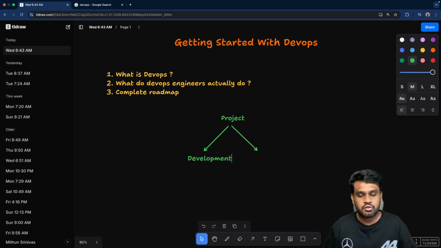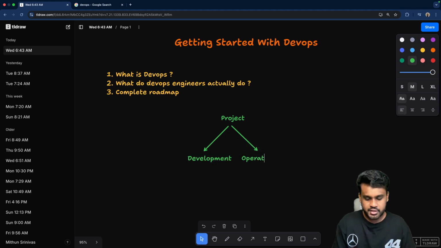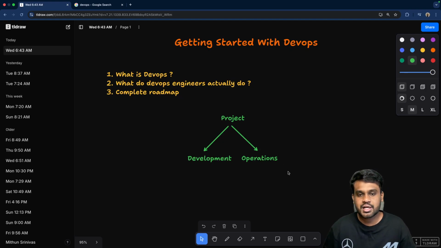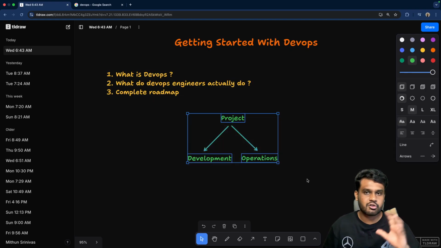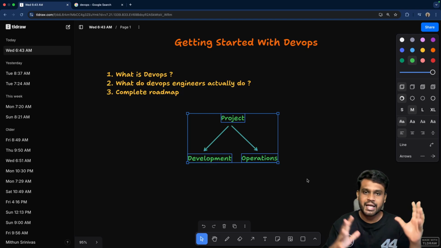All of those things are done in the development phase. Next, in the operations phase, the testing would be done, the bugs would be found, and it would finally be deployed to the users. So this is how the software development lifecycle was happening at a high level.